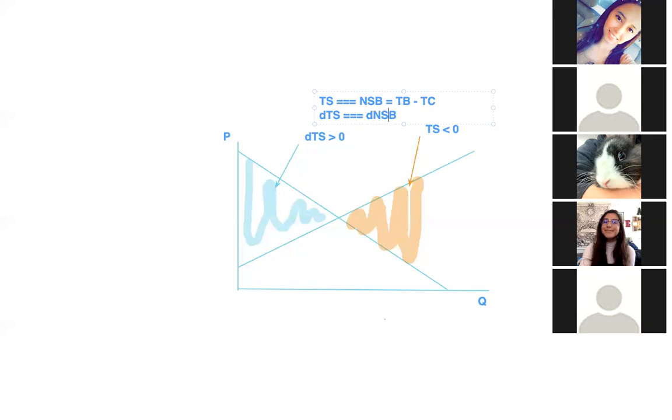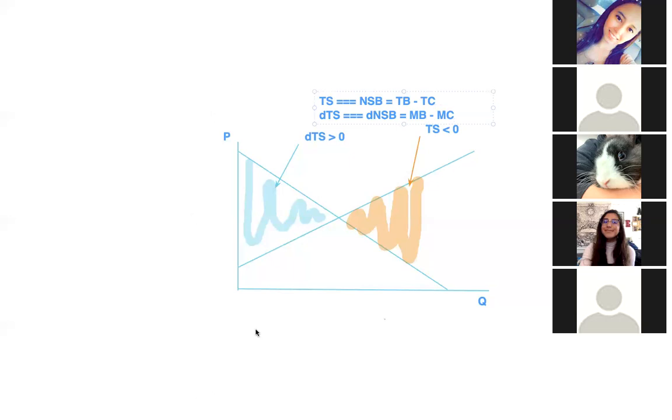That's what the delta stands for, the change in. Which is equal to the change in total benefit minus the change in total cost.